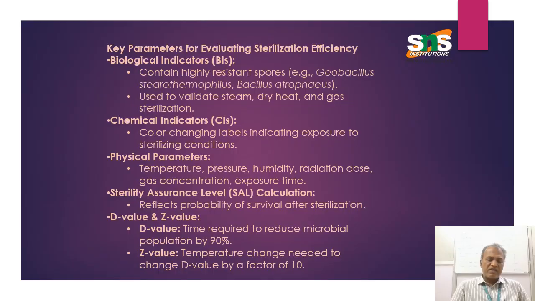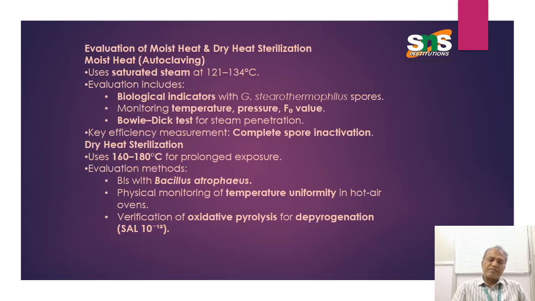The next important thing is D value and Z value. D value is the time required to reduce the microbial content by 90% of its total. Z value is the temperature change needed to change the D value by a factor of 10.